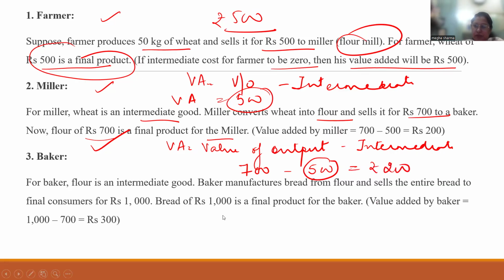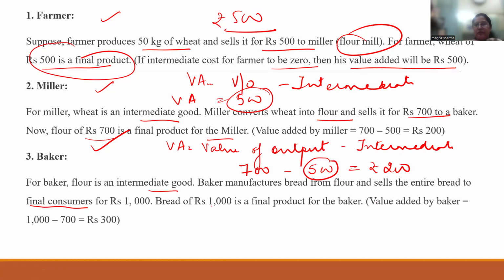Now, still the process is not complete and the good has not reached the final consumption level. For the baker, the flour is an intermediate good. The baker manufactures bread from flour and sells the entire bread to the final consumer. Now, I am saying final consumer. This stands for the flour will not again come into the chain of production system, and here the ultimate consumer is consuming the good.